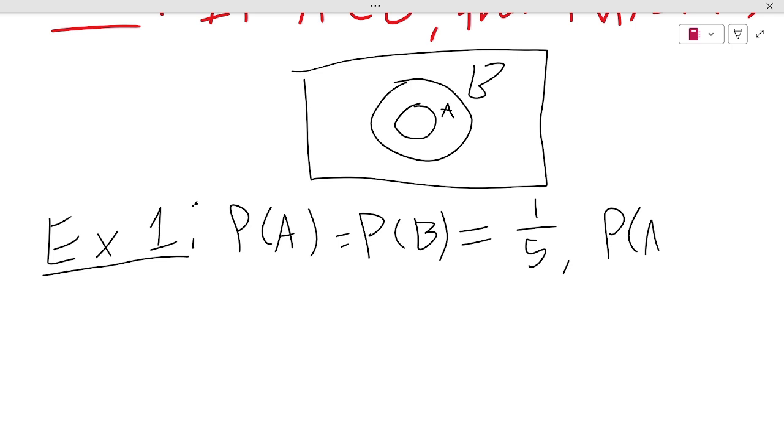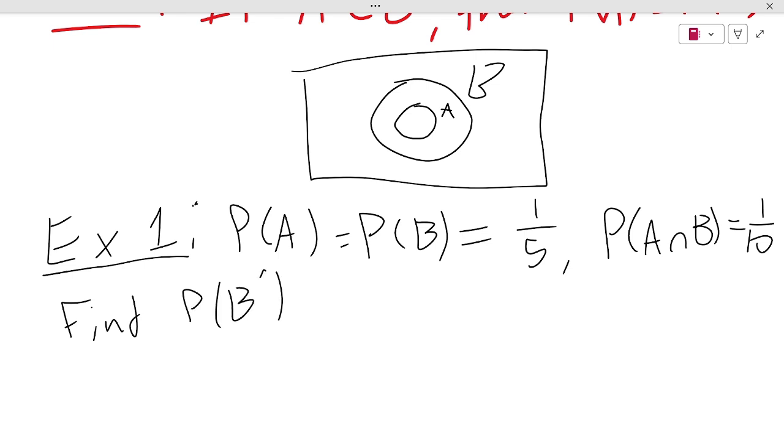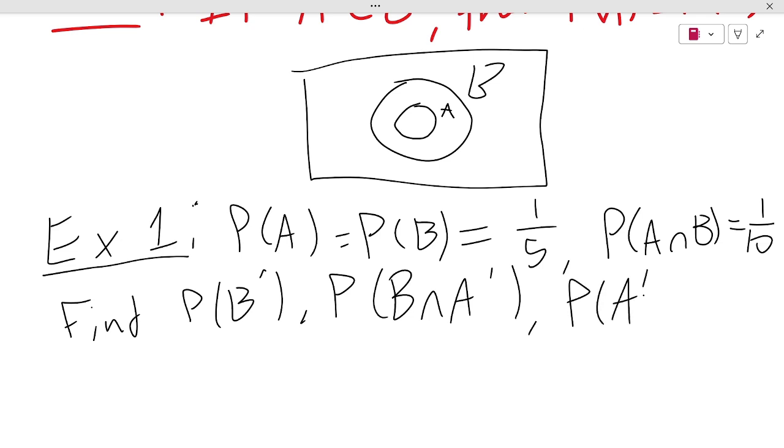We're also going to take the fact that the probability of A intersect B is equal to 1 over 10. Okay, and I want us to find the probability of B complement, the probability of B intersect A complement, and the probability of A complement intersect B complement.